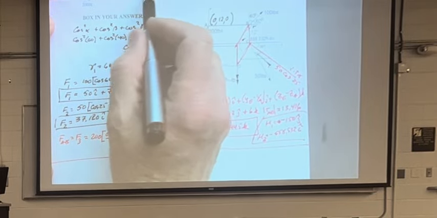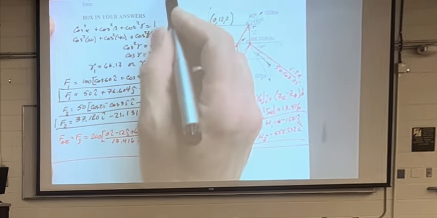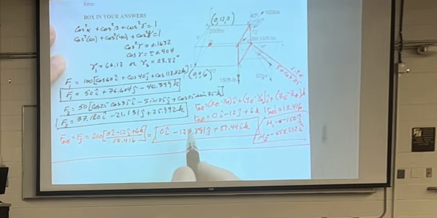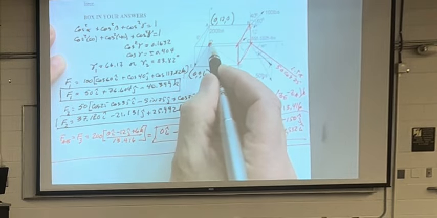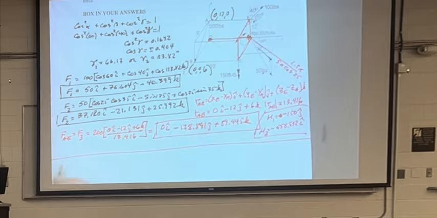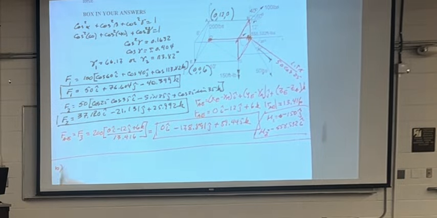Moment of the 50-pound force, that's this guy, about the origin. So I want it about here. So I need to go from here to there. So part B, I'm going to write moment about O is equal to R, in this case ROC, crossed with F2.